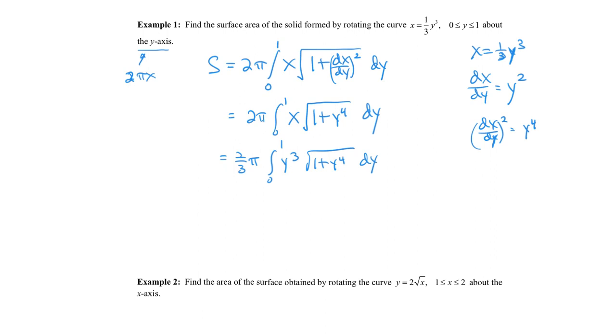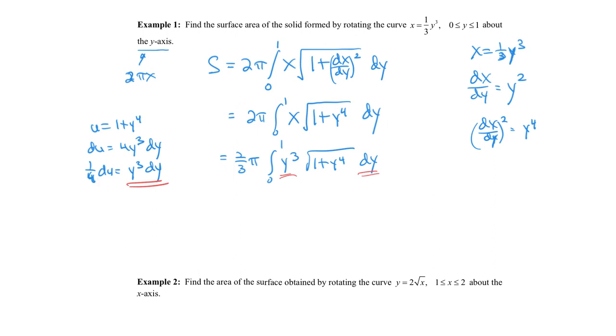I'm going to let u equal 1 plus y to the 4th, and then du would be 4y cubed dy. So I've got a y cubed dy, so I need to get rid of this 4, right? So we could just go 1/4 du equals y cubed dy. And now I can swap these out. I can get rid of the y cubed dy and put in its place 1/4 du.